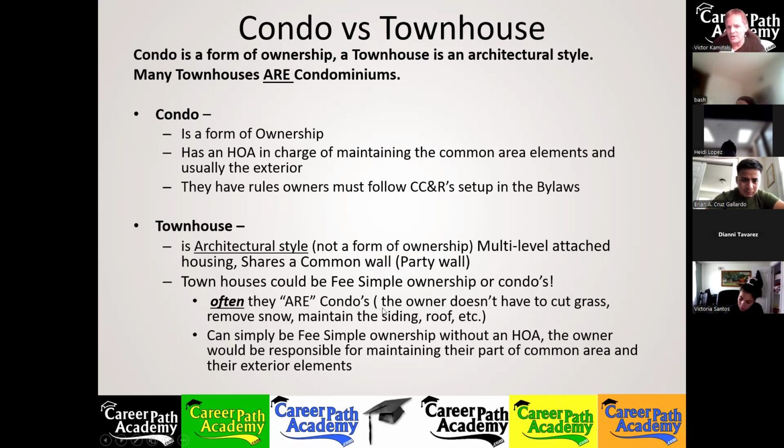Often they are condos, so the owner doesn't have to cut their own grass, remove their snow, or maintain the exterior of the building, roof or gutters, etc. That's managed by the HOA. They can simply be fee simple ownership without an HOA, in which case the owner would be responsible for maintaining their part of the common area and their exterior elements.